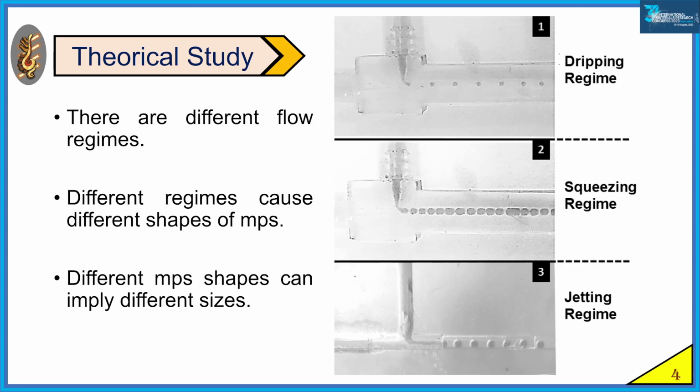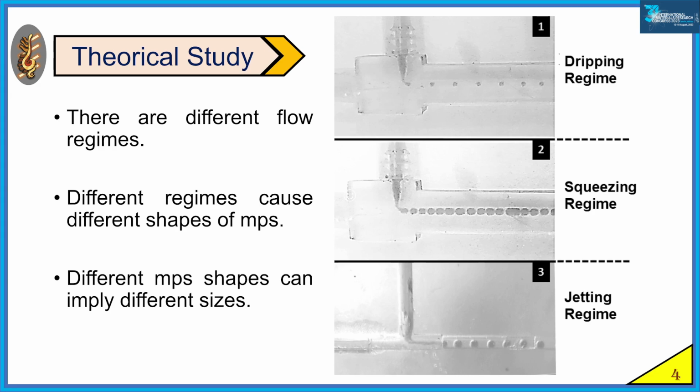In the first image, we can see the dripping regimen, where the shape of the microparticles is spherical. The second image shows a squishing regimen, where the shape of microparticles is no longer spherical, but ovoid and larger.